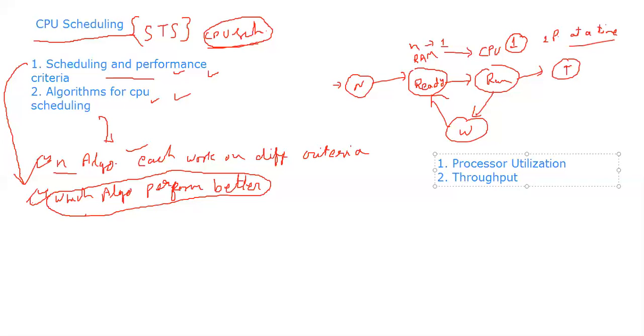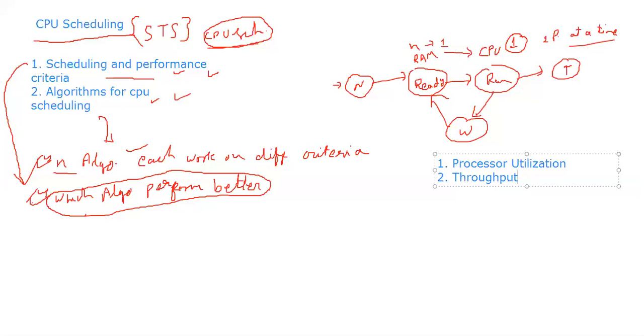Now, it totally depends. Suppose you have processes that each want to execute on the CPU for 1 unit of time, and you have 100 processes. It means 100 units of time will be taken for completion of all processes.